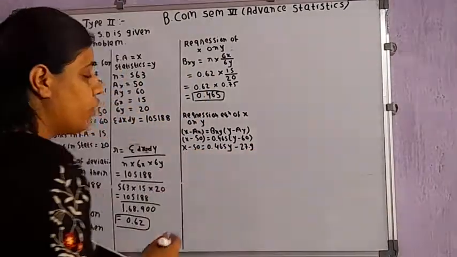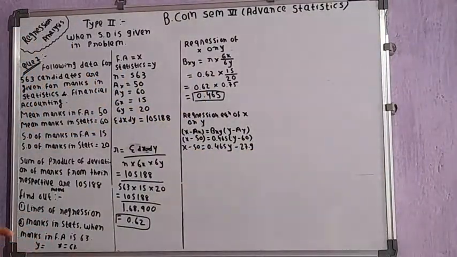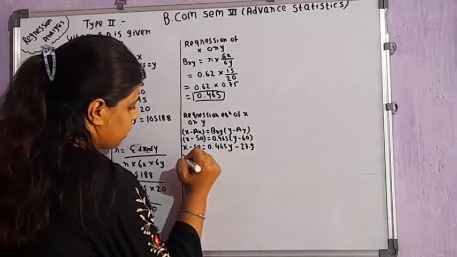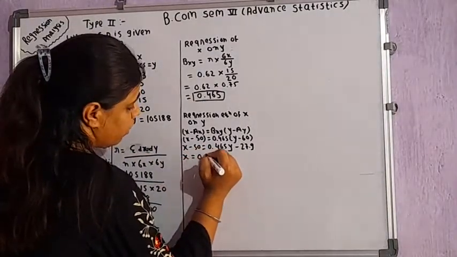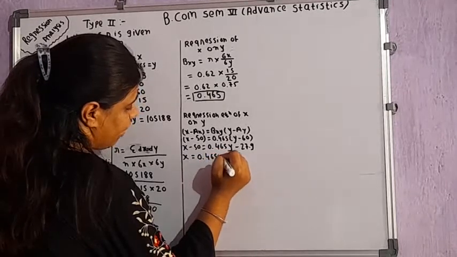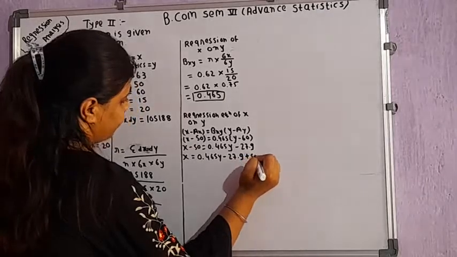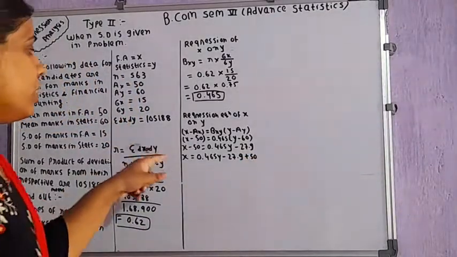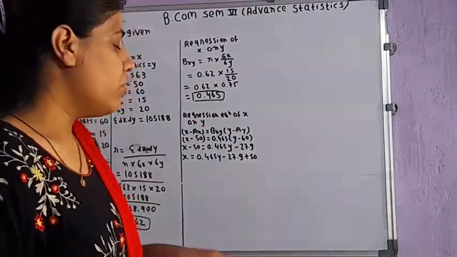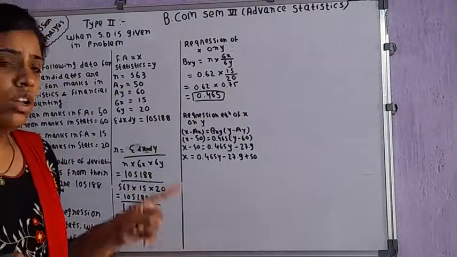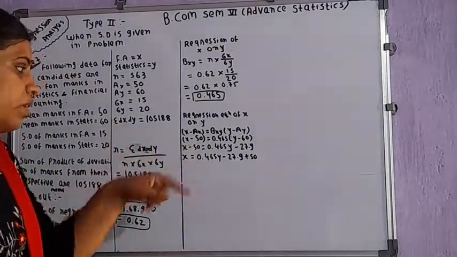Then now we have to find the value of x. Okay, we have to derive the equation for finding the value of x. So x is equals to 0.465y minus 27.9 plus 50. Why plus 50? Because we are shifting it on other side. And when the value is shifted on other side, so the sign gets changed. That is why plus 50.